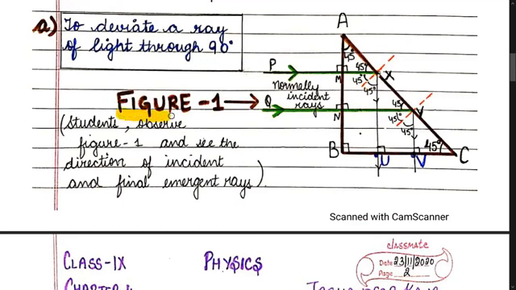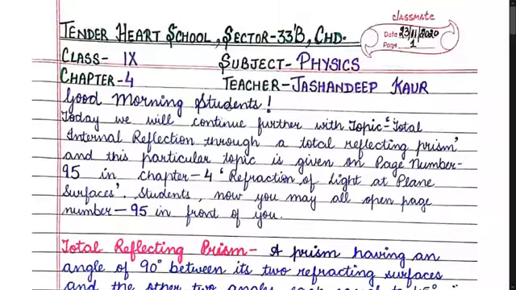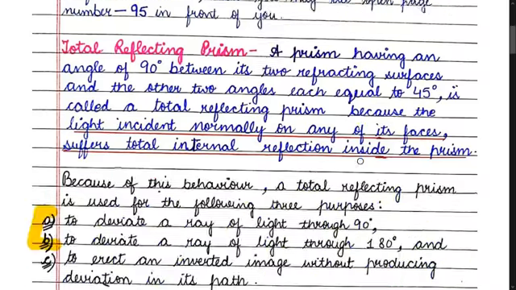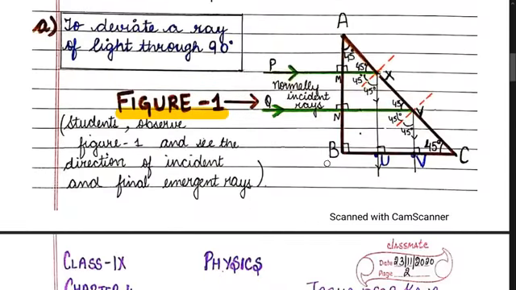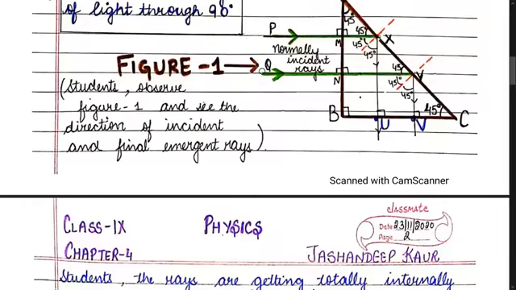So students, kindly observe figure number 1 drawn on page number 1 of the notes sent to you on 23rd November 2020. So students, in figure number 1, see the direction of incident rays and emergent rays.